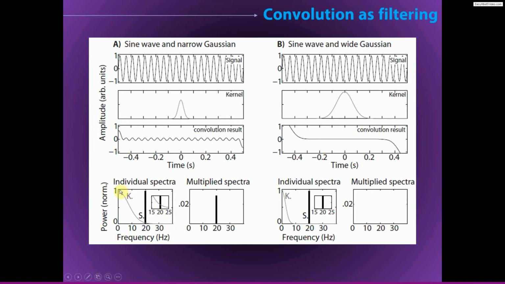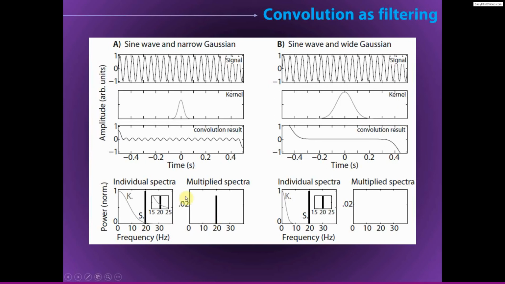But when we pointwise multiply all of these elements together, here we're multiplying the frequency characteristics of the Gaussian by the frequency characteristics of the sine wave. Of course the sine wave is 0 or very close to 0 everywhere except for 20 hertz, but there is a little bit of overlap here. And now we do this pointwise multiplication. This is the result of the multiplied spectra.